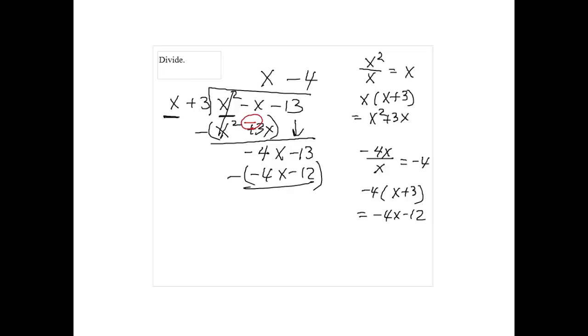By subtracting, we have negative 1. So the answer is x minus 4 minus 1 over x plus 3.